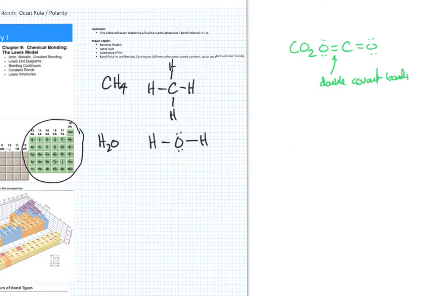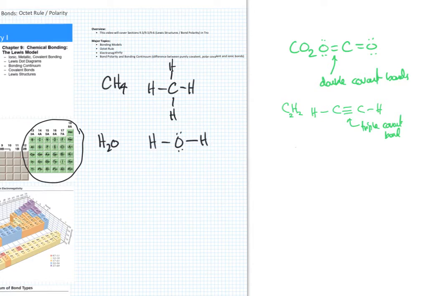And we can also have a triple covalent bond, something like C2H2. That's what the Lewis structure looks like for C2H2, and this is a triple covalent bond. All right, remember, each line represents 2 electrons.